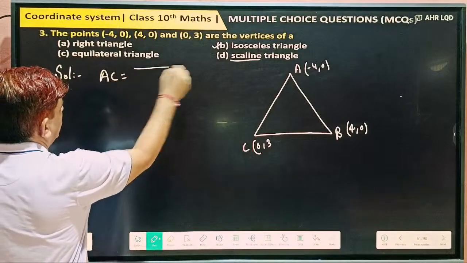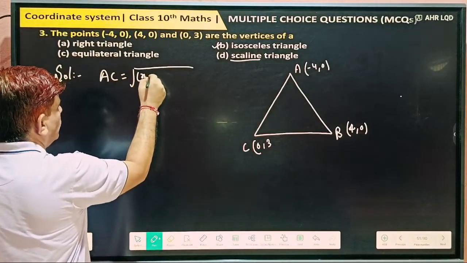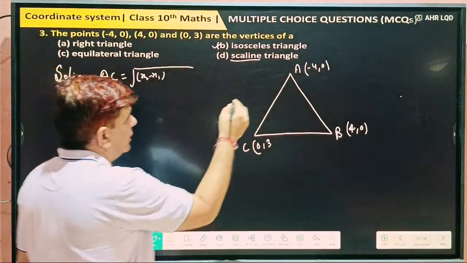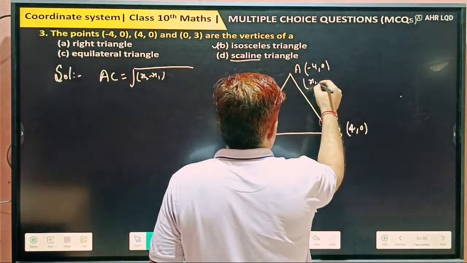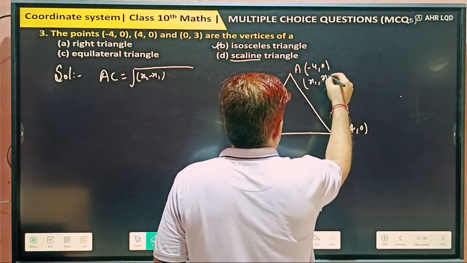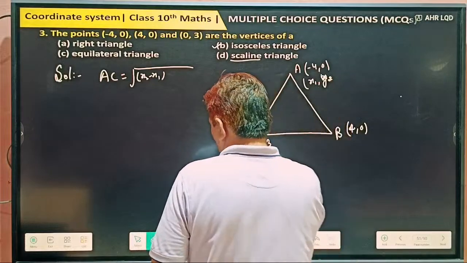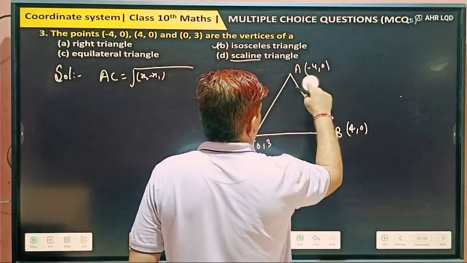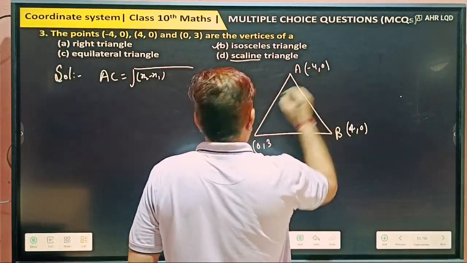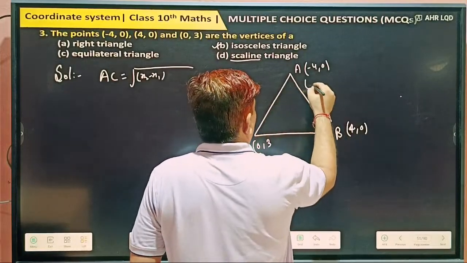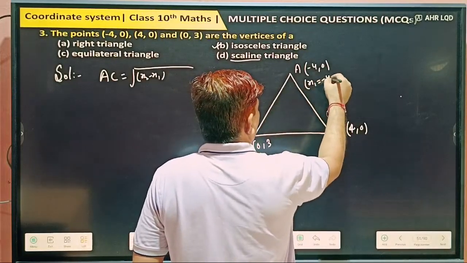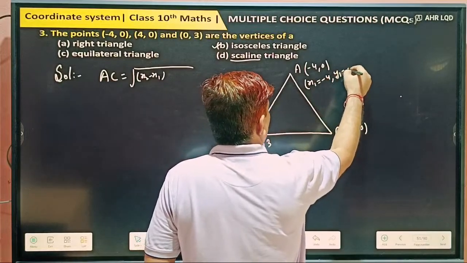AC equal to what? x2 minus x1. So you can write this is x1, y1. So how can we write? For A, x1 equal to minus 4, y1 equal to 0.